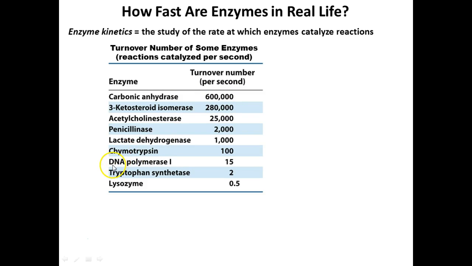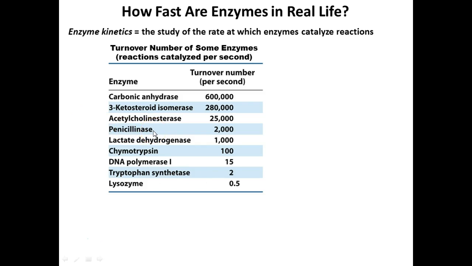Others take a little bit more time. I mean, look at DNA polymerase 1, 15 nucleotides per second. That's still pretty fast, right? Lysozyme, which breaks up peptidoglycan, this guy's kind of slow. It can only really break half a molecule in a second, right? So they take 2 seconds to break apart molecules, but eventually over time it can degrade it.